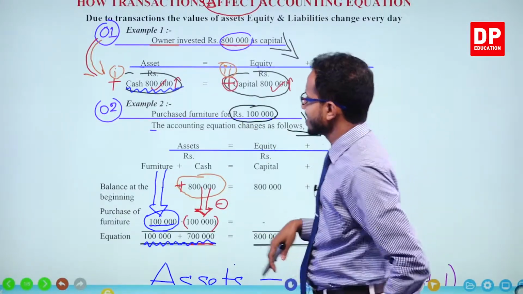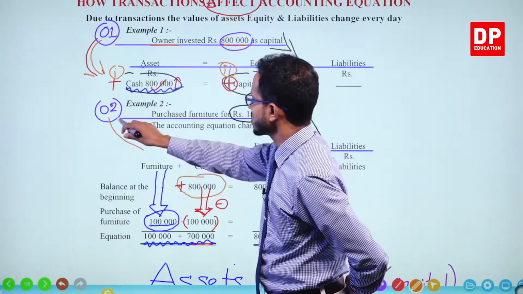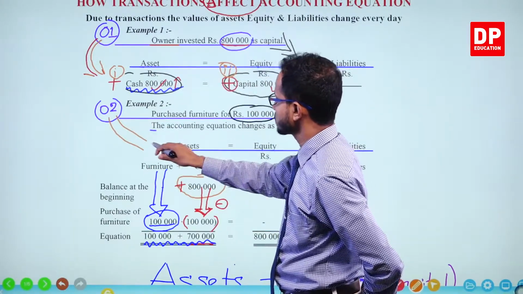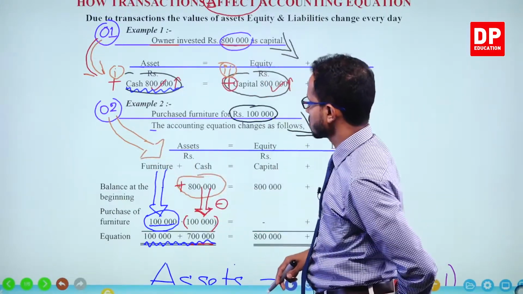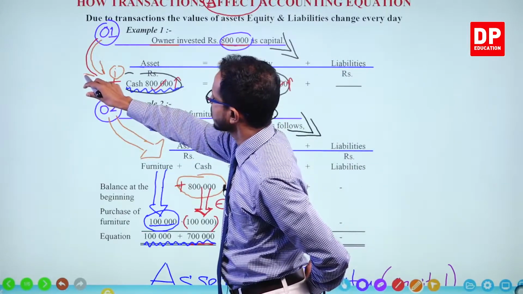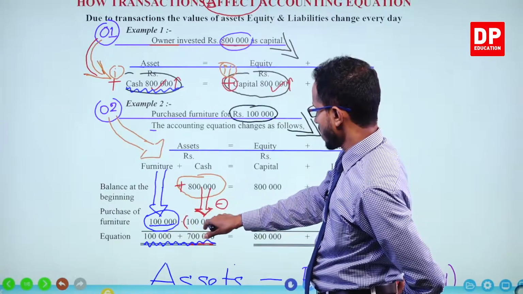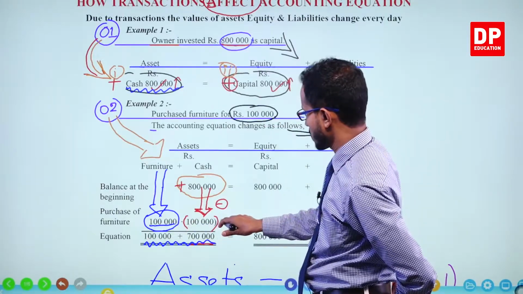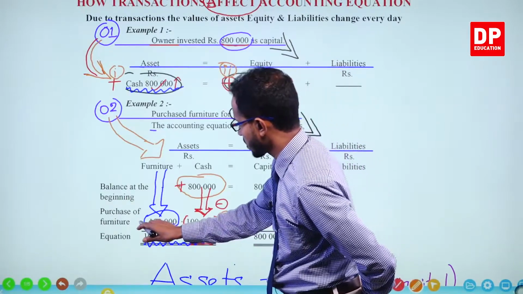Let's take example number 2. Number 2 also has two effects. Two effects, children. This is the effect number 1. This is the effect number 2.